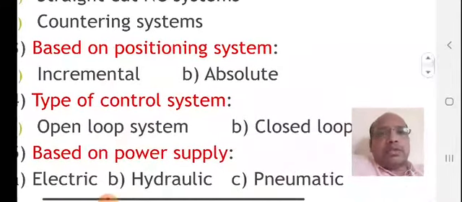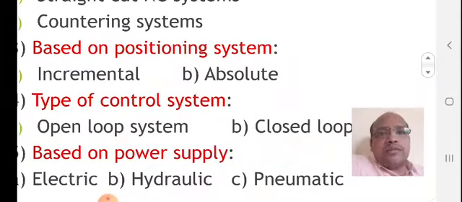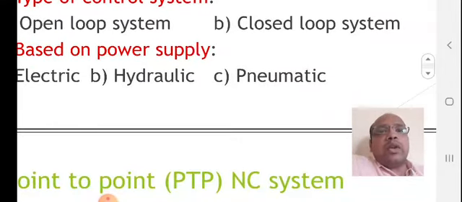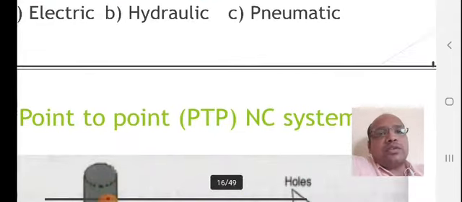Next is based on positioning system: incremental NC system and absolute NC system. Then on the basis of control system: open loop control system and closed loop control system. And the next one depends on power supply: electric power supply, hydraulic power supply or pneumatic power supply. So let us understand these types of NC system one by one.